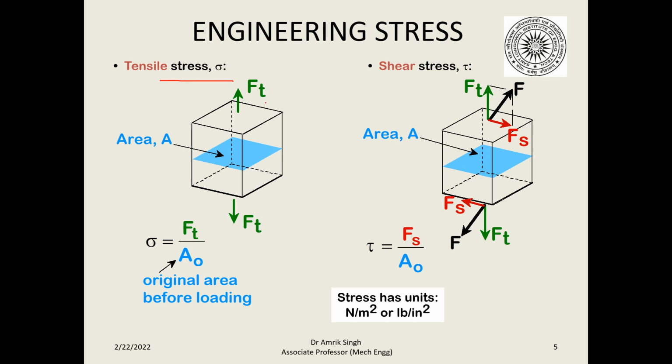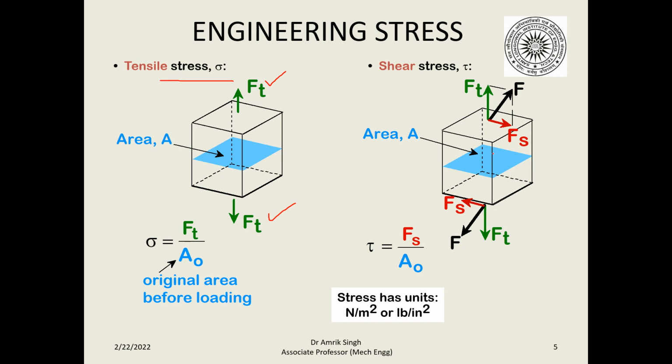Then the tensile stress, if this force is outward, so this is the tensile stress. You can see this is an area. So force upon the original area, and shear stress, you see, this is a tangential component which is perpendicular, and this is a shear component, or the resultant is F if a force is acting at an angle.